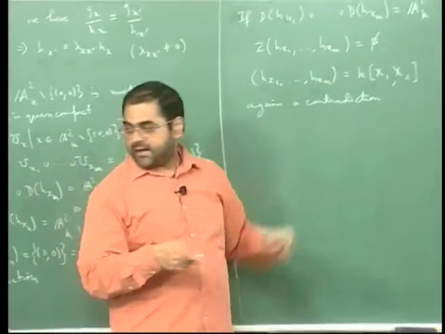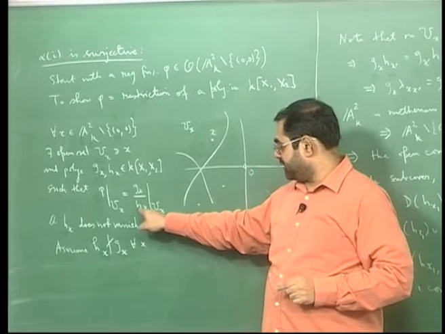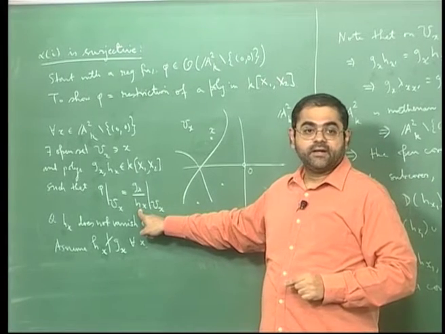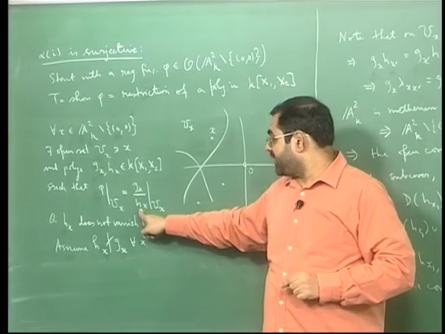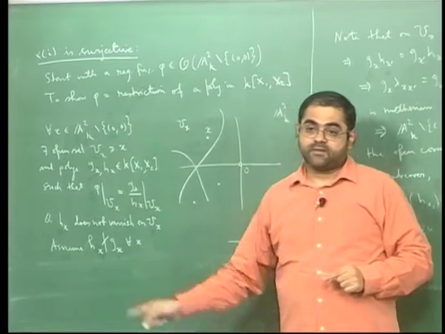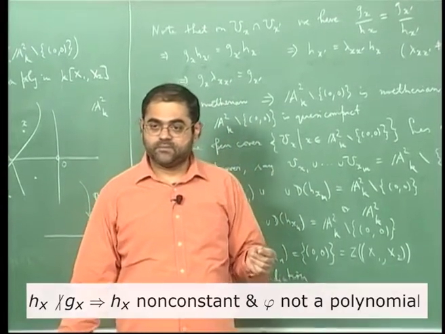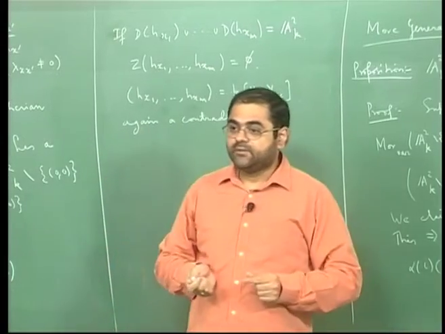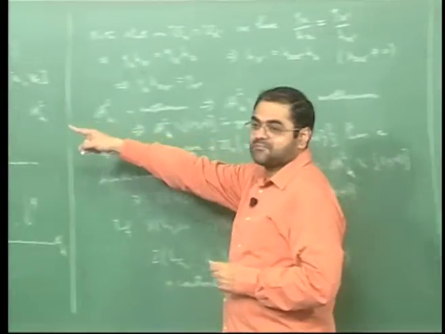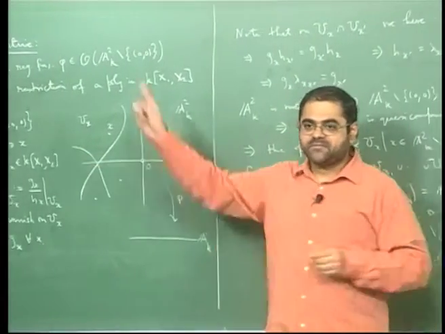Then all the H's are constants, but that will tell you that phi is a polynomial, but I already assumed that phi does not come from a polynomial, so I again get a contradiction. So both these contradictions demonstrate that if you assume that phi does not come from a polynomial, then you get a contradiction. So phi comes from a polynomial.